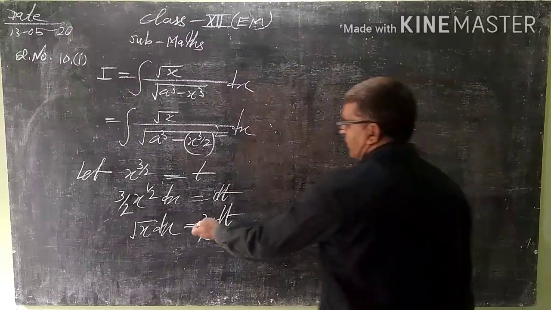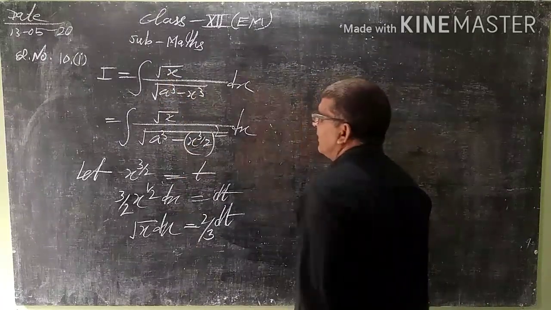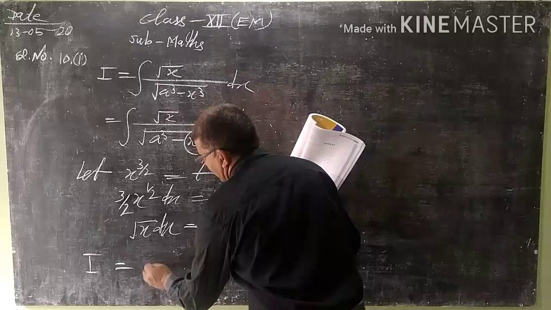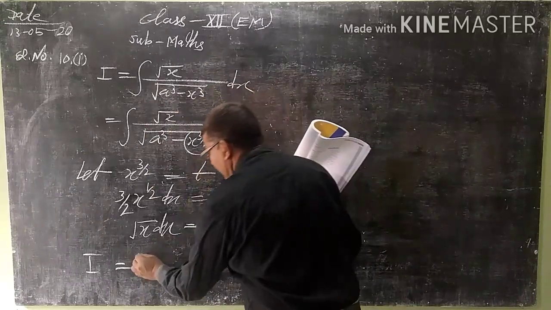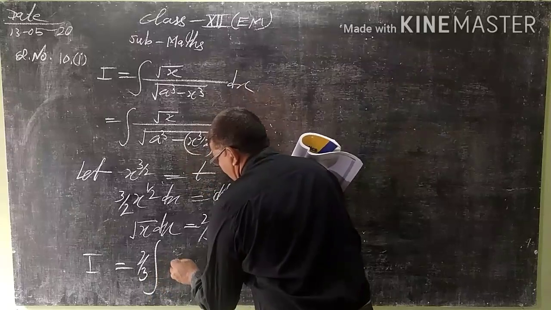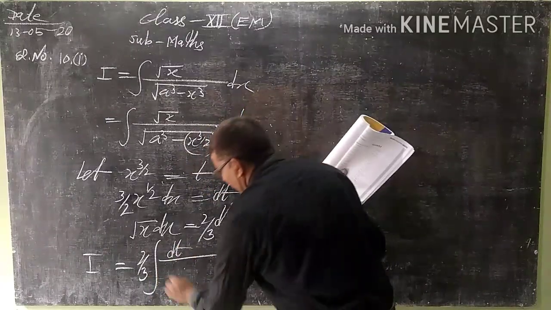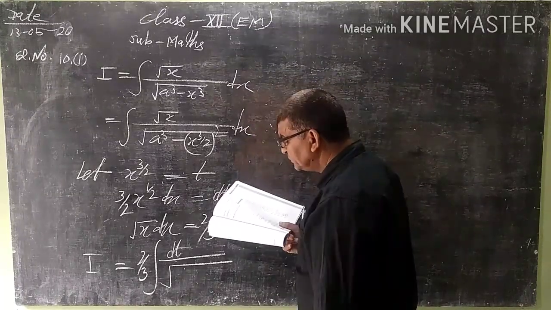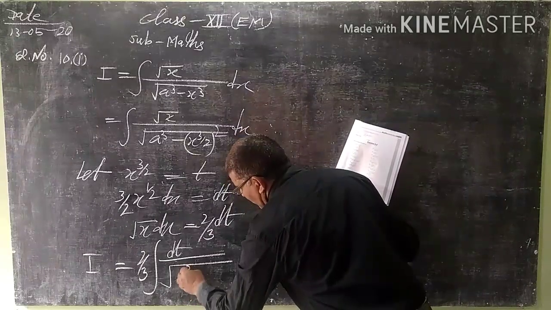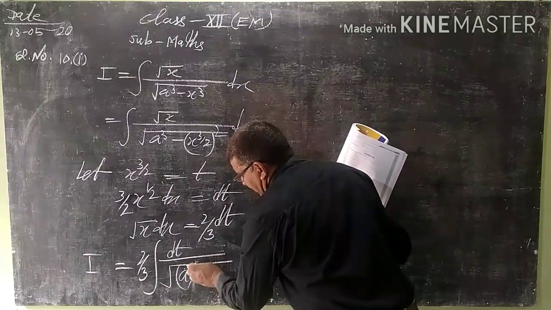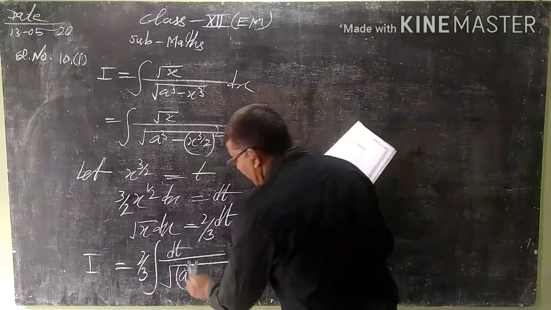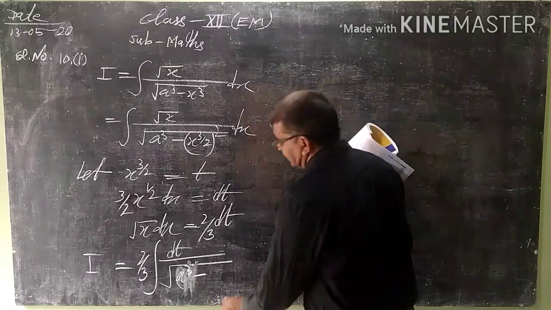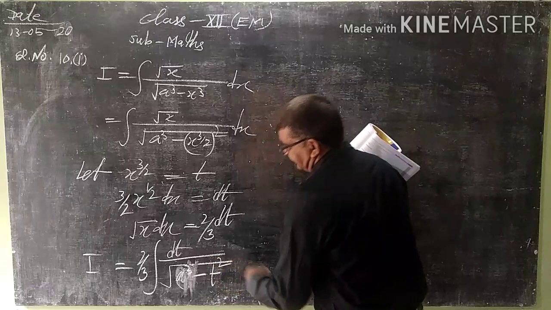Now put these values here. I equal to under root x dx equal to 2 upon 3 dt upon a cube, a square, a cube minus t square.